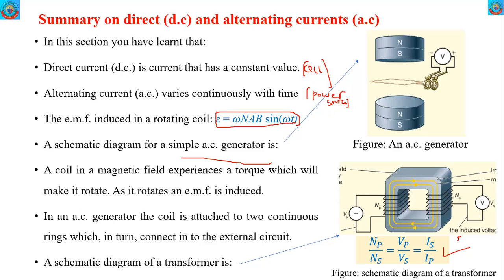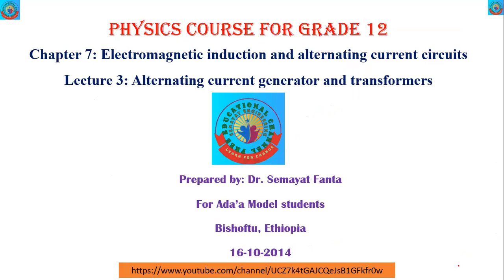The induced e.m.f is equal to minus N delta phi over delta t. Yeah, so this is what we have learned.